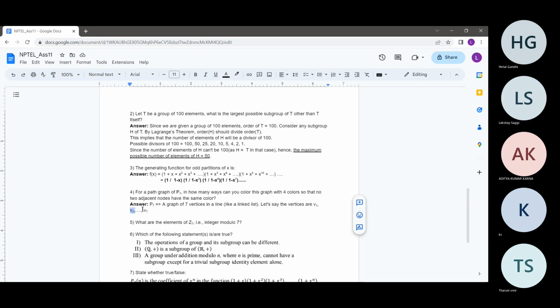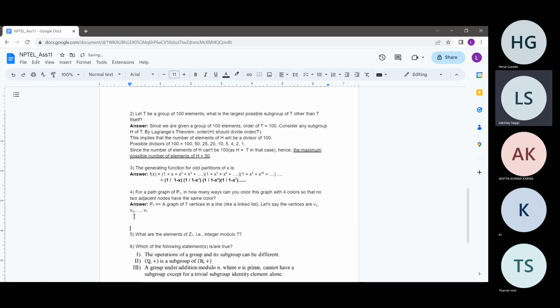So first of all, as a warm-up exercise, I'll not write this down, but I'll tell you guys. Suppose the constraint that no two adjacent vertices have the same color was not given. The question was just that for a path graph P7, in how many ways can you color this graph with 4 colors?